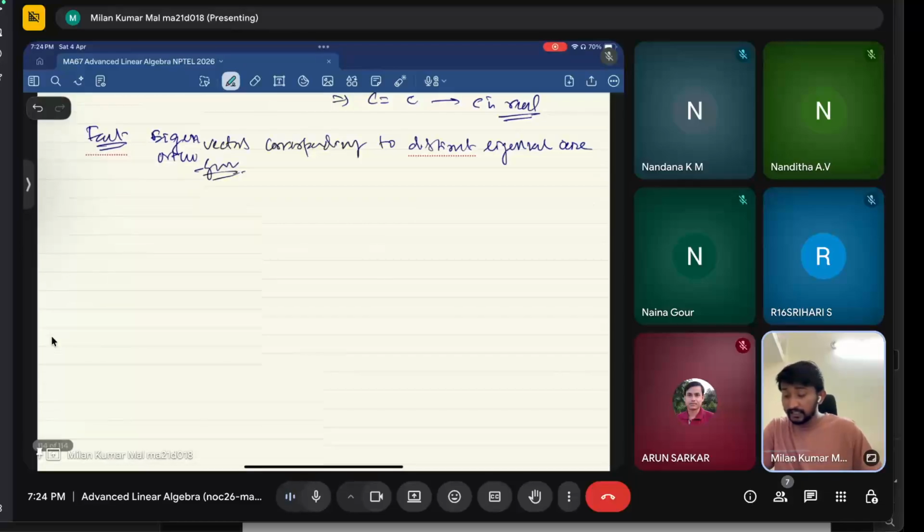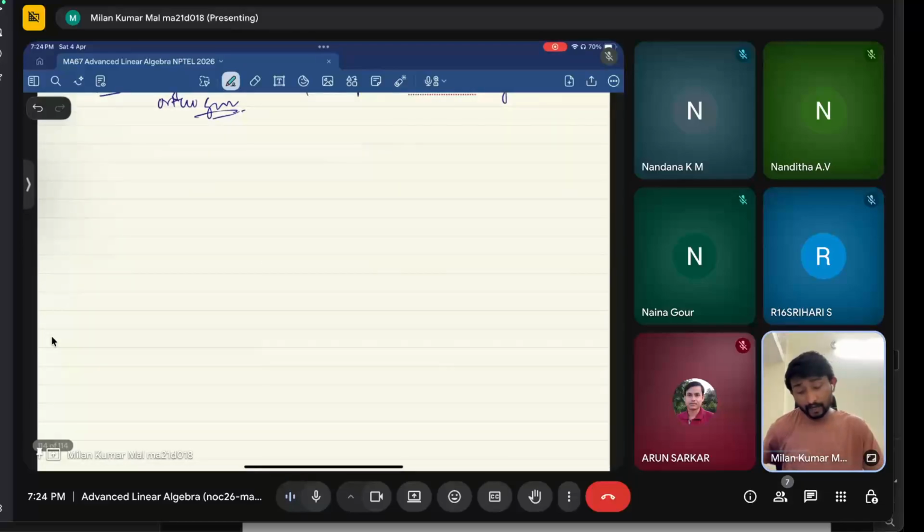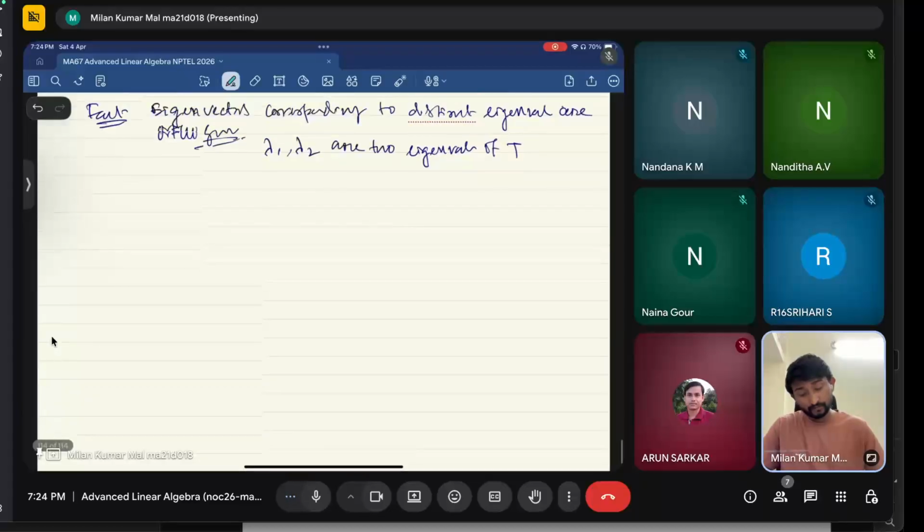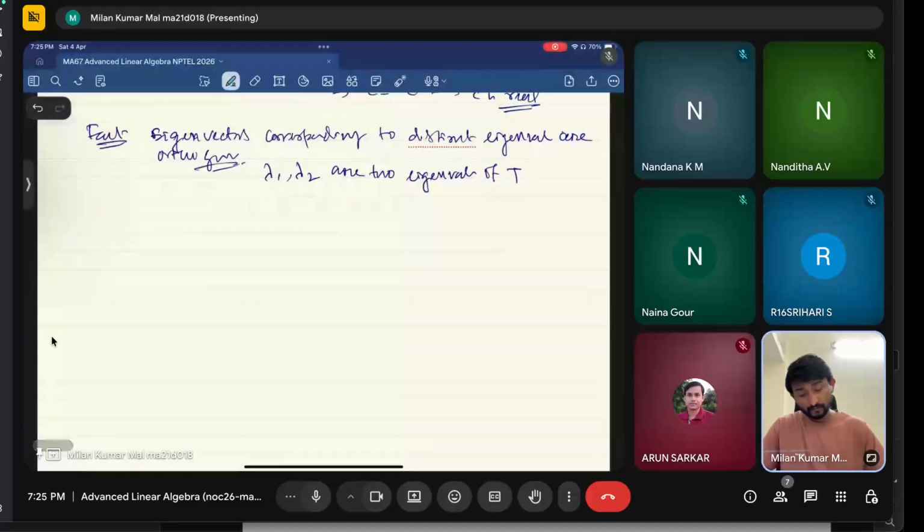This is also very easy. Why is this easy? So let me check. Let lambda 1 and lambda 2 be two eigenvalues of T, where T is self-adjoint. Of course, we are not outside the self-adjoint operator.